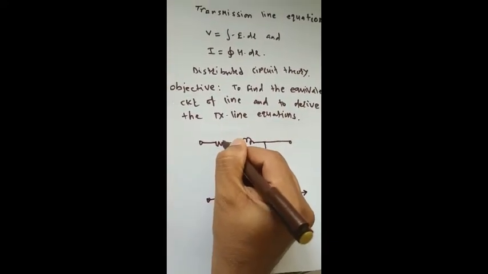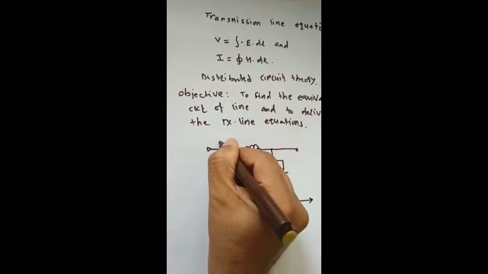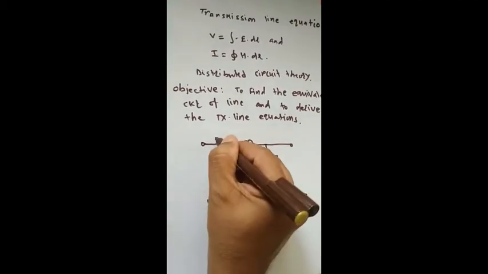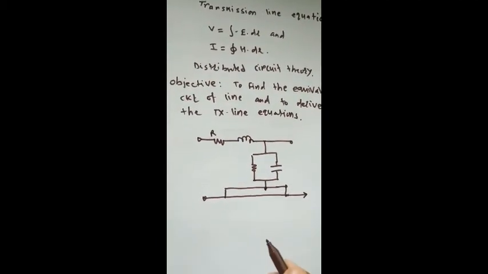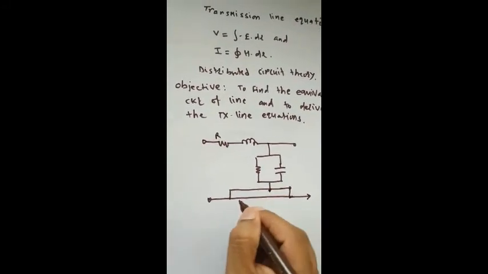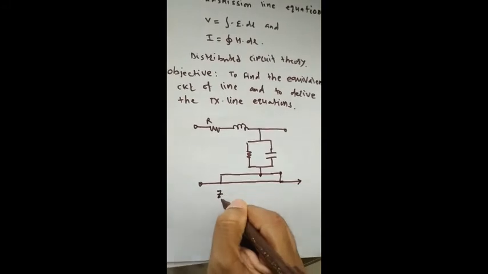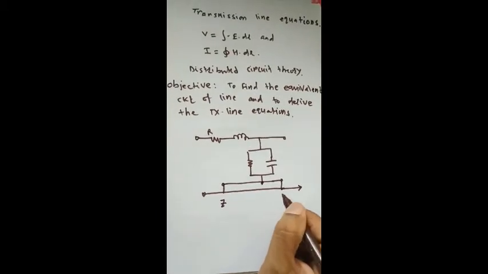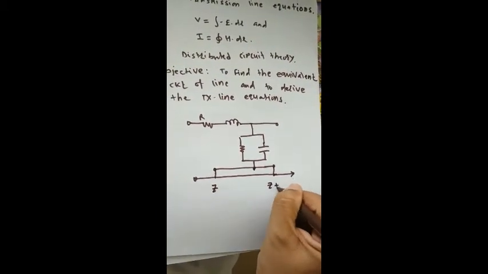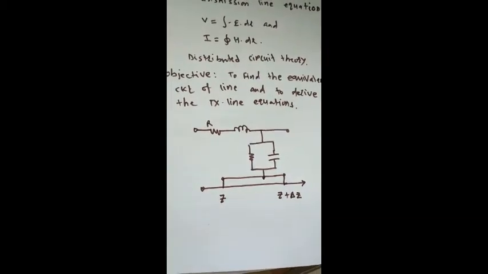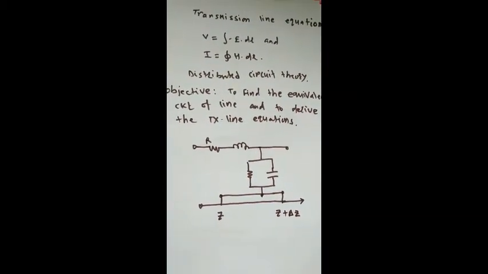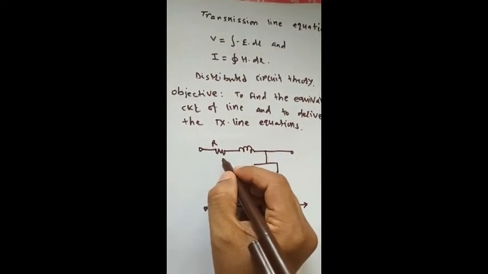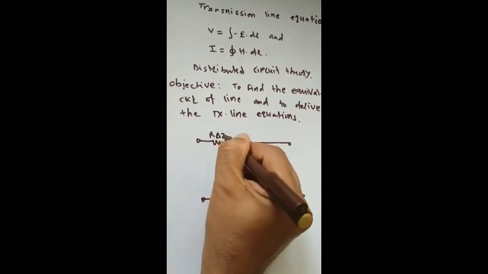Here, if we consider a small incremental length of the transmission line, for example this one is our point z, and this part is z plus a small incremental change delta z, then the equivalent R parameter can be represented as R delta z.